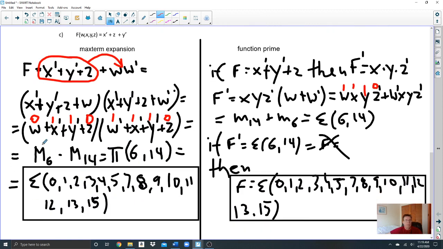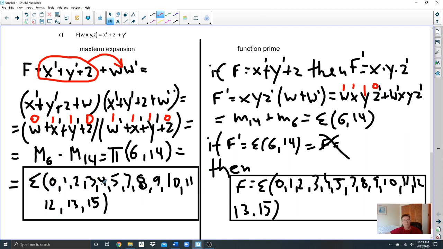If you have maxterms 6 and 14 in a function, that means you have minterms of 0, 1, 2, 3, 4, 5, 7, 8, 9, 10, 11, 12, 13, and 15 in the same function. So this function can be expressed as a product of maxterms 6, 14, or a sum of minterms.